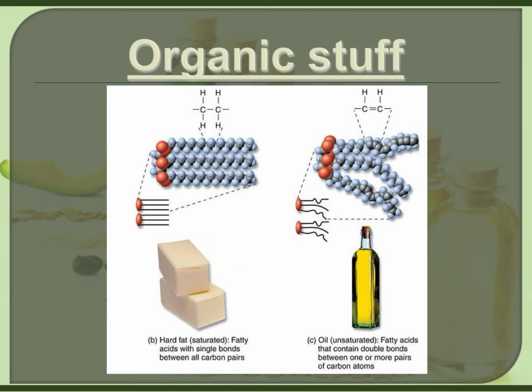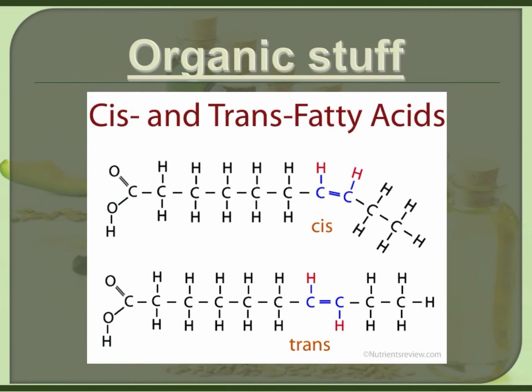And if you have them where their chains kink towards other chains, like in the second example here, then you have what's called a cis fat. And cis fats tend to be a lot easier to break down than trans fats. Trans fats, where everything is spread out equally, are more stable, and so more difficult to break the bonds. Whereas if the fatty acid strands kink towards each other, that creates high energy repulsion and is easier to break down. So again, cis and trans fatty acids.